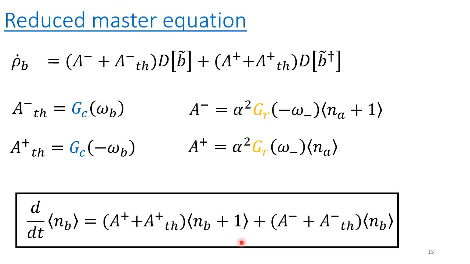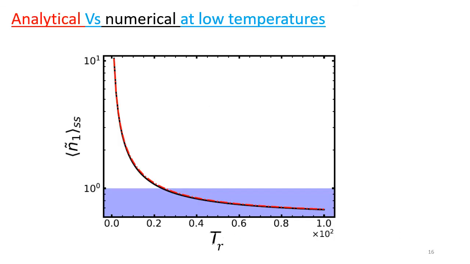Here is one interesting thing to note. The structure of this equation is very similar to the phonon number equation for laser sideband cooling. They share many similarities in mathematical structure, in both laser sideband cooling and cooling by heating schemes.